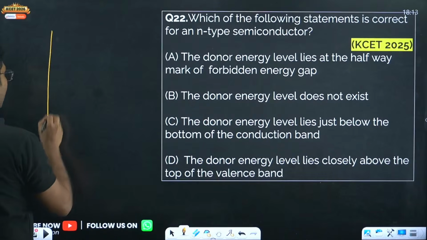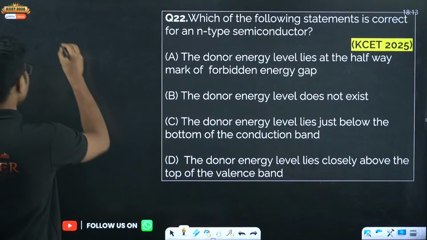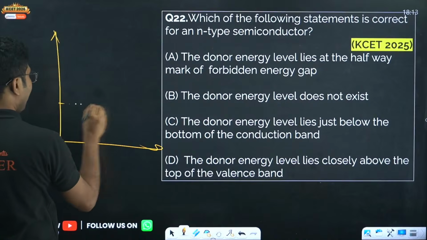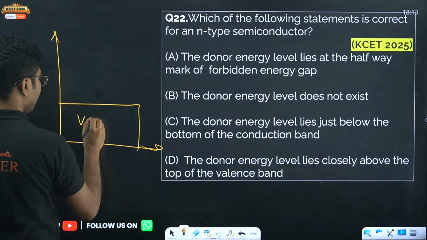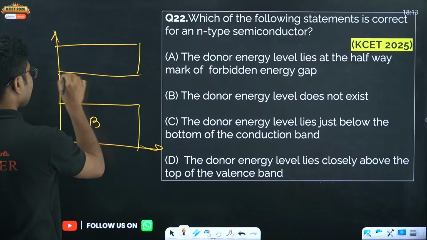If you plot the band diagram, you will see that this is the valence band at the bottom, and the next higher energy band is the conduction band.